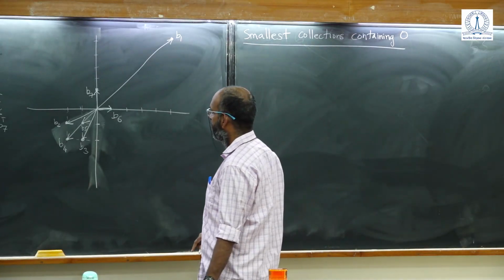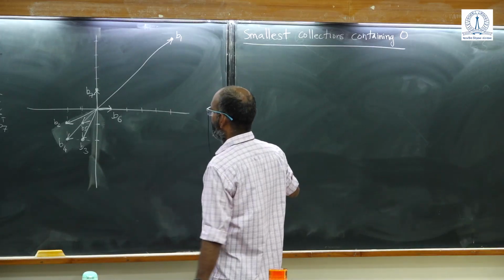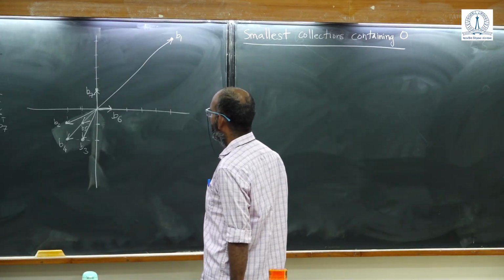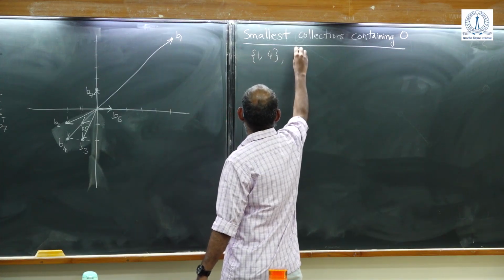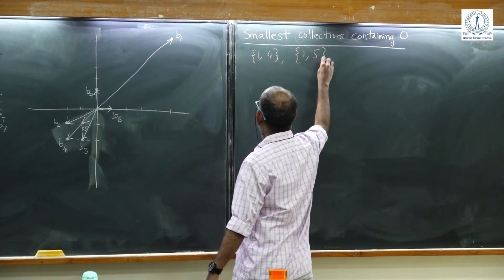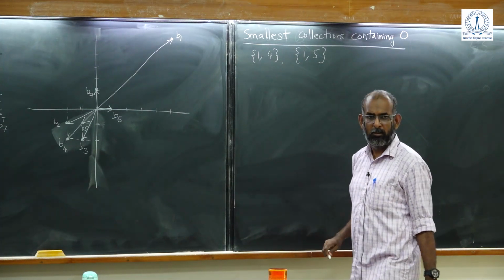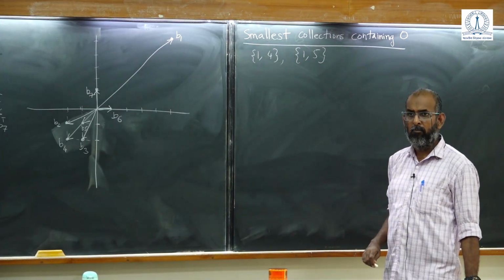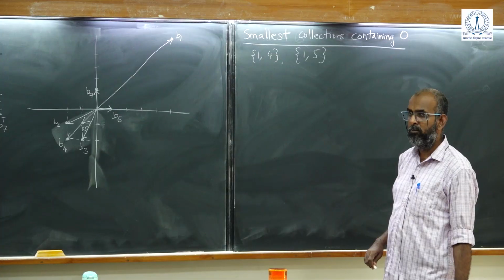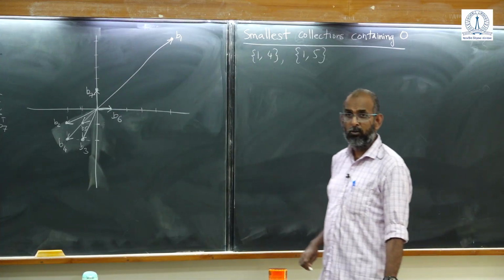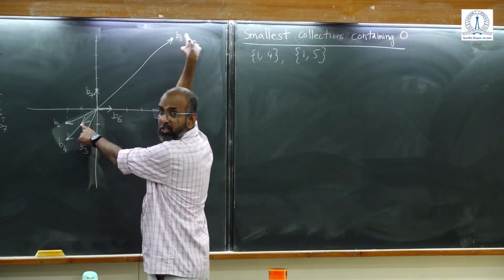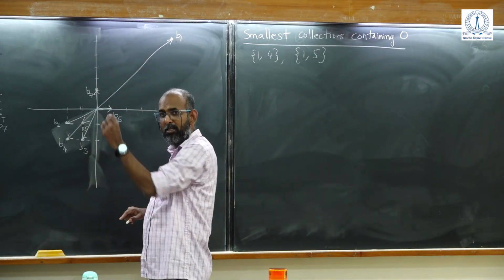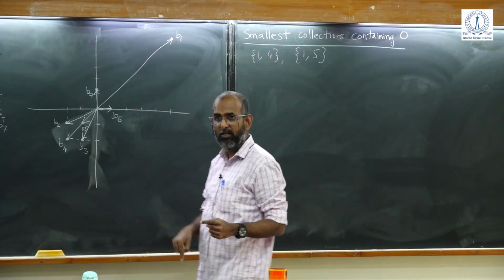So 1, 4 and 1, 5. Anything else? They do. Yeah, because relative interior here is one dimensional. So relative interior means the interior of that line.